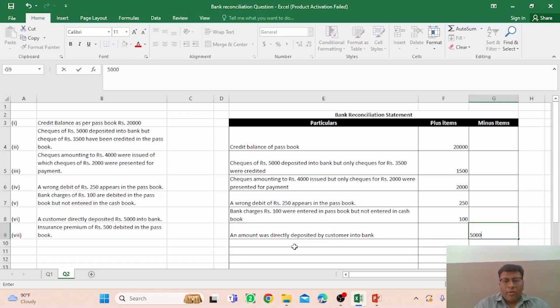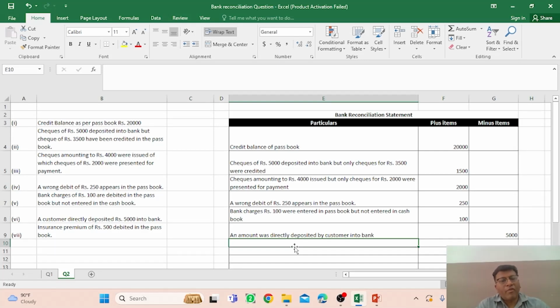This is the case where you have to write in the minus item rupees 5,000. And insurance premium rupees 500 debited in passbook. Okay, so again this is the case of debit entry in passbook. So the passbook debit balance means your account is reduced over there, right? And you have to compare the particular balance with the cash book.